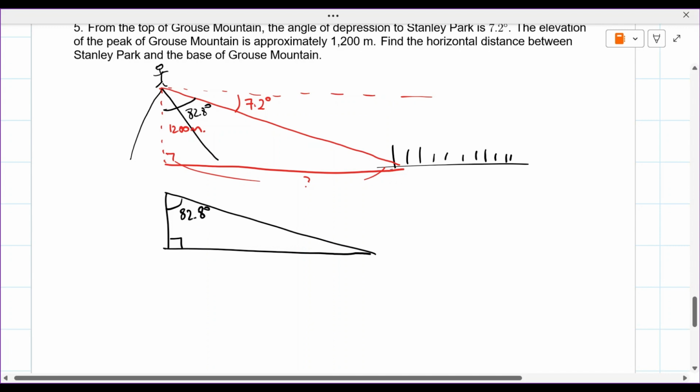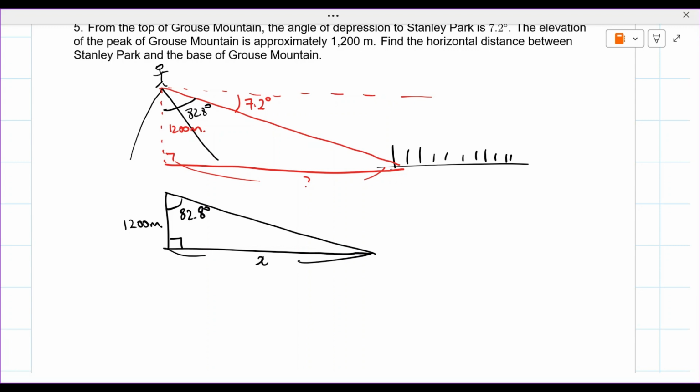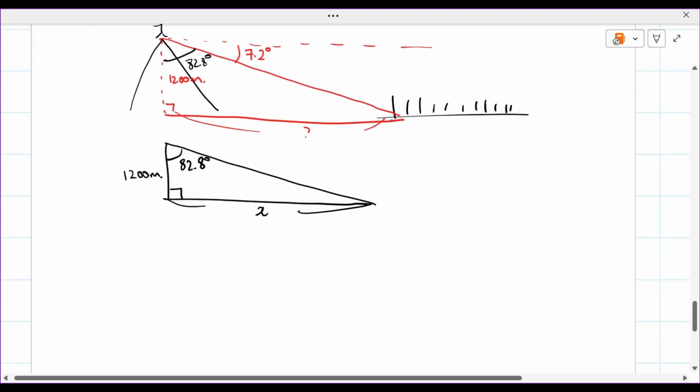And then looking from the 82.8, the adjacent side is going to be 1,200 meters. And then the opposite side is going to be the unknown value x. I know the angle, I know the adjacent, I know the opposite, and the ratio that includes all three is going to be obviously the tangent ratio.